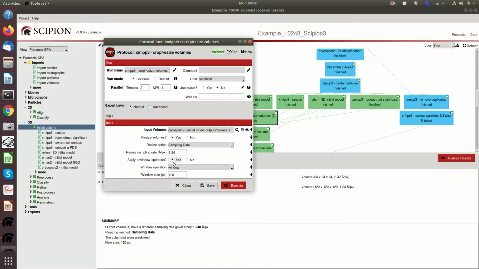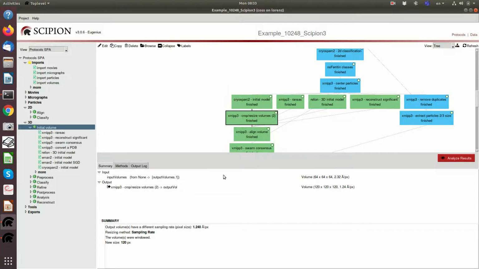It may produce, let's say, a 119 voxel volume, and you want it to be 120, so you can also at the same time apply a window operation and enlarge it to 120. There are some other options like cropping, so you can crop by a given amount of pixels from the borders.